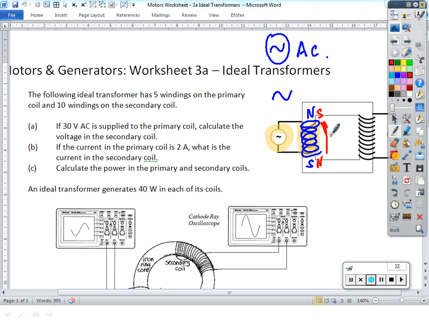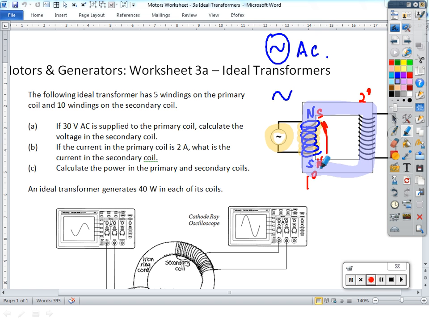And the primary coil over here is wrapped around this side. The secondary coil is over here. How does the flux get from the primary coil to the secondary coil, according to this diagram? What is this square representing here? Right, yes, this here is representing the iron core.